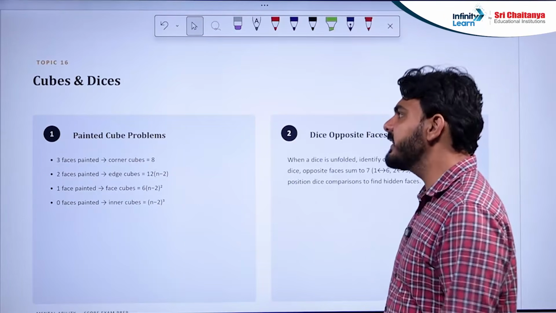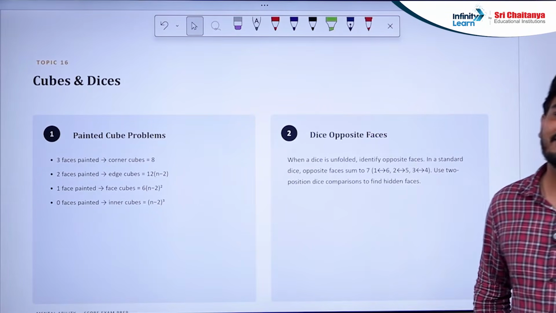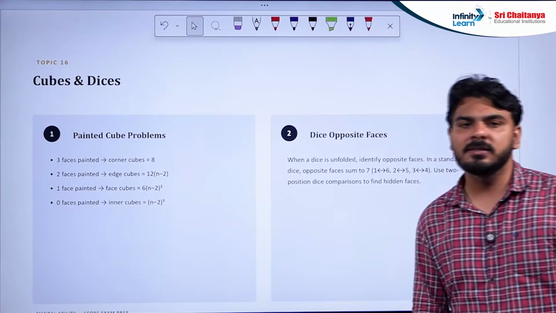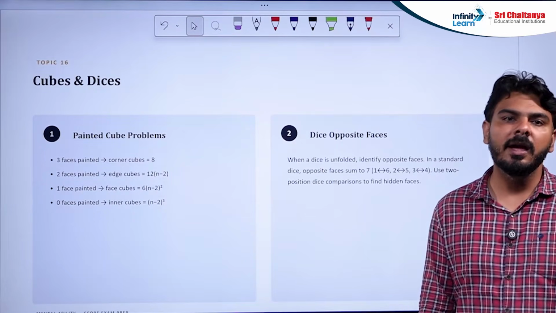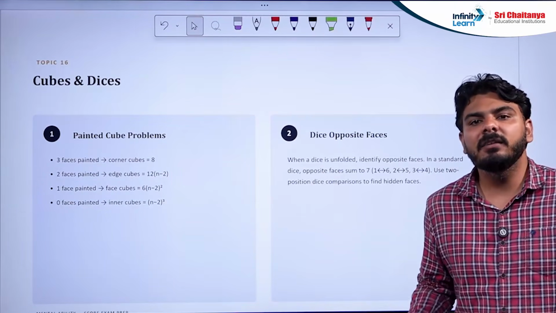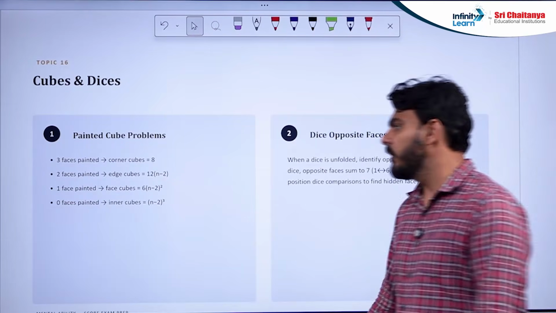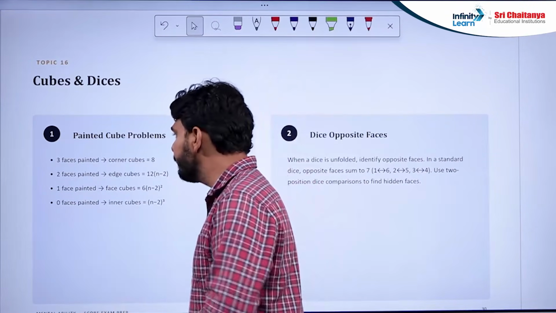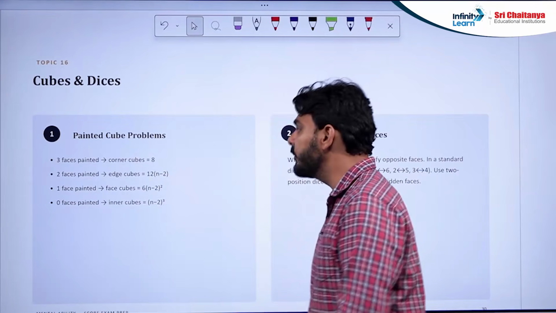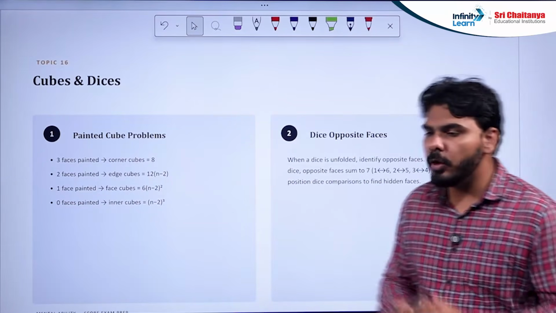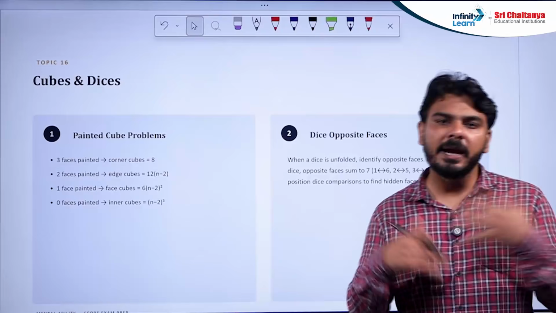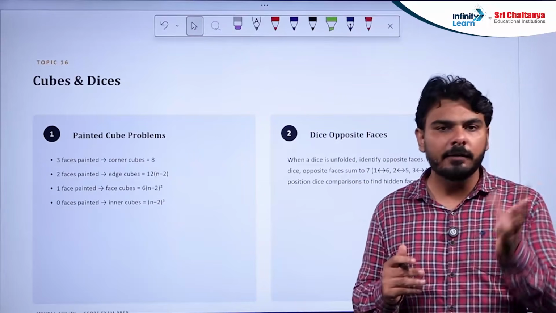So if you're skipping this chapter, then you're skipping a lot of marks, ladies and gentlemen. You are actually skipping a lot of very easily taken marks, because this chapter is not difficult. This chapter is easy. The questions will be like this: you are given a cube and it is painted from all the sides or from some sides.